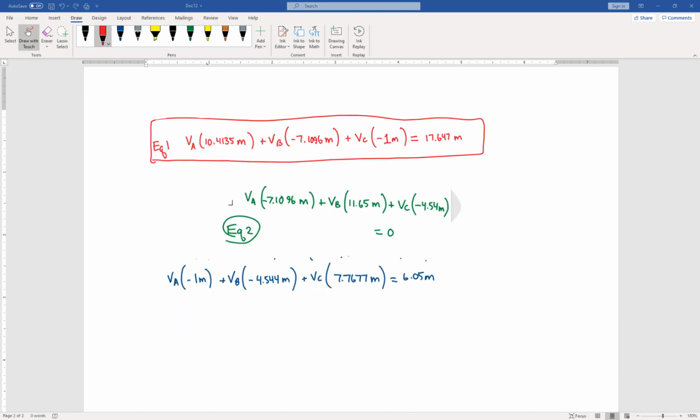Alright, now I have solved the system of equations, and these are the values that I have obtained. 5.79, 5.34, and finally 4.649.